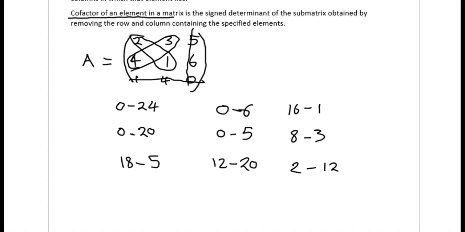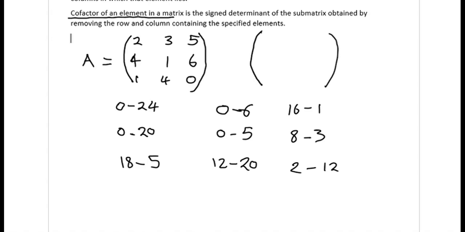Okay, now I said I'm going to use the cofactor, and cofactor is the signed determinant. So the conventional sign the element takes. I'm going to do that for a 3 by 3 matrix.